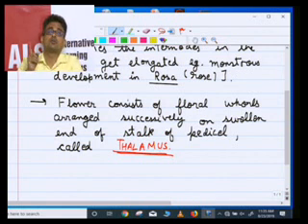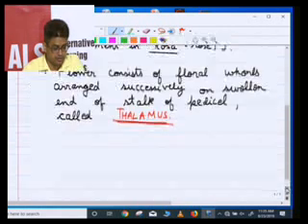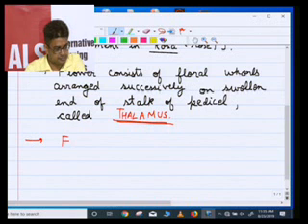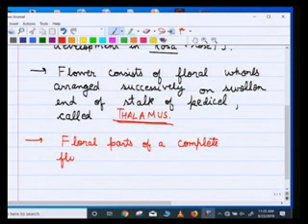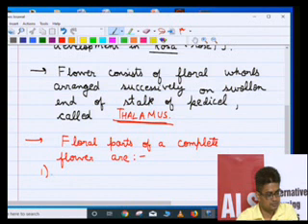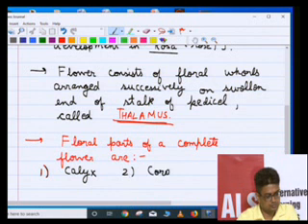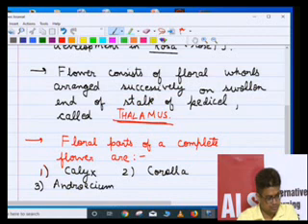Now we must talk about the floral parts. The floral parts of a complete flower are: number 1, calyx, corolla, androecium, and gynoecium.